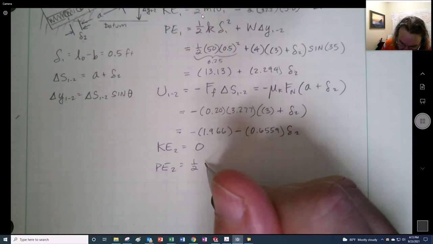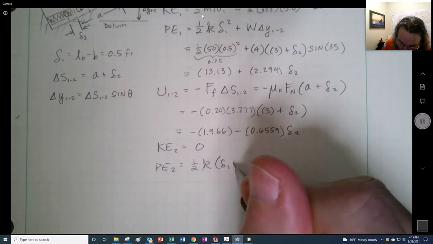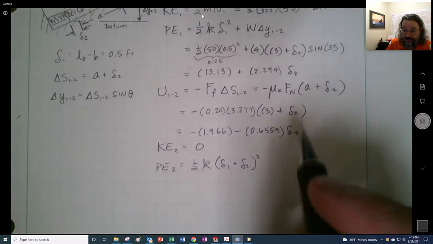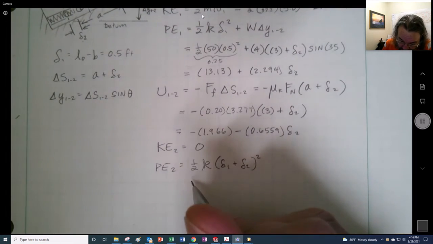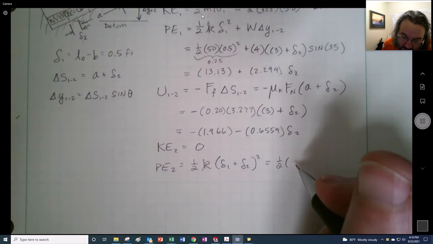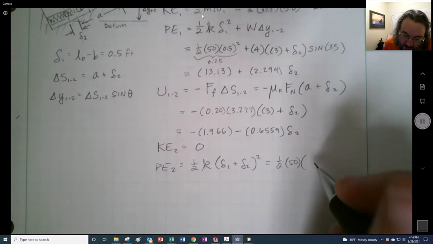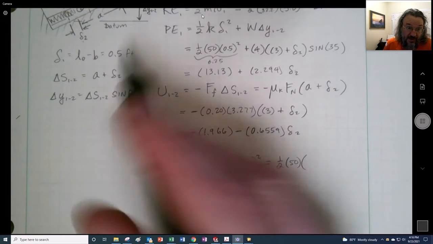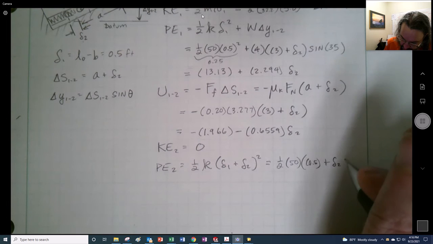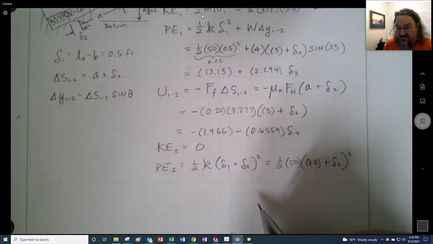1/2 K times del 1 plus del 2 squared, right? So that's going to be equal to 1/2 times 50 times del 1, which we know is 0.5, plus del 2, which we don't know. And notice that it's the quantity squared. Right?